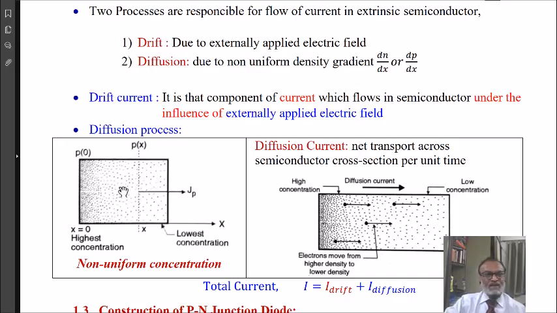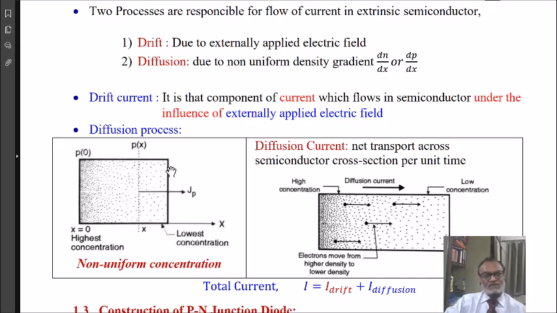In P type of material, the particle density tries to come to equilibrium, and therefore the movement of the holes constitutes the current, and that is called hole diffusion current. Whereas in N type of semiconductor, if the particles move due to the density gradient, those are electrons moving from high density to low density area.